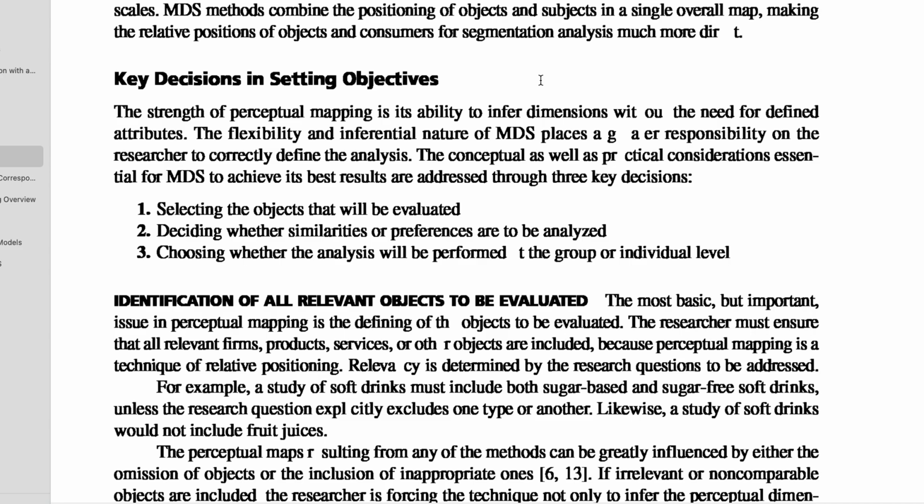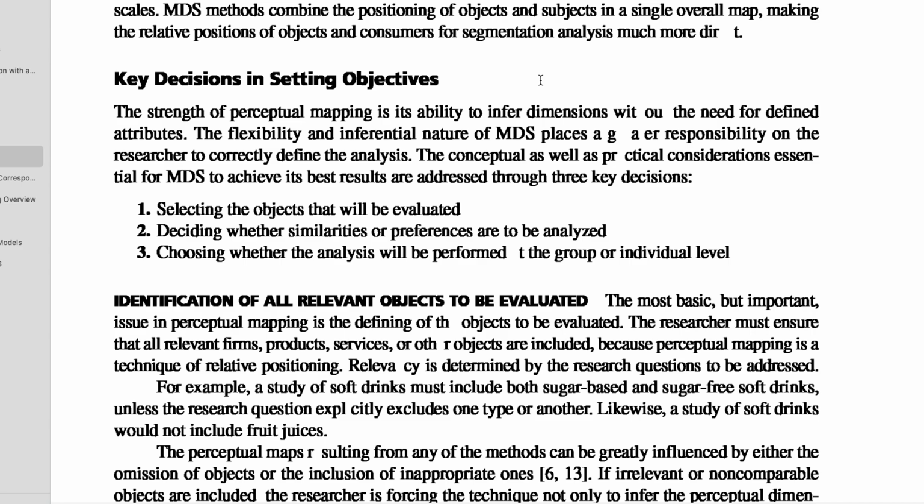The flexibility and the inferential nature of multidimensional scaling places responsibility on the researcher to correctly define the analysis. The conceptual as well as the actual considerations essential for multidimensional scaling to achieve its best results are addressed throughout these key decisions.